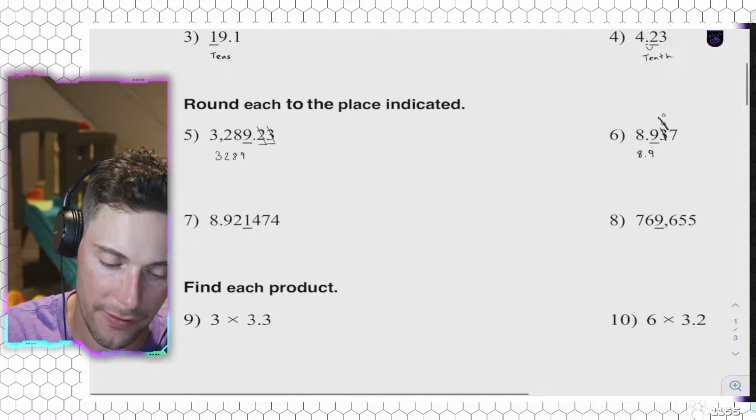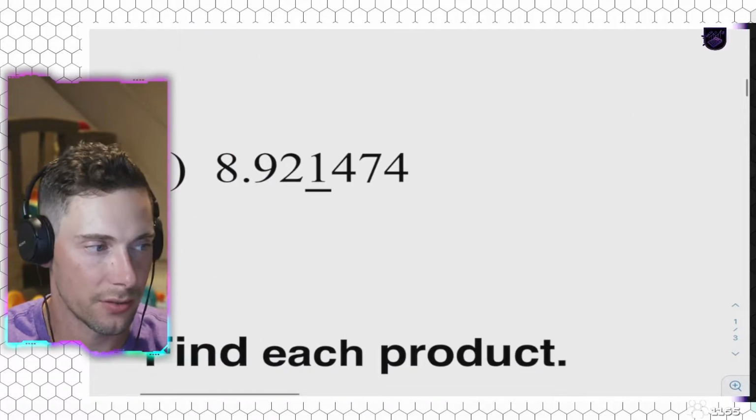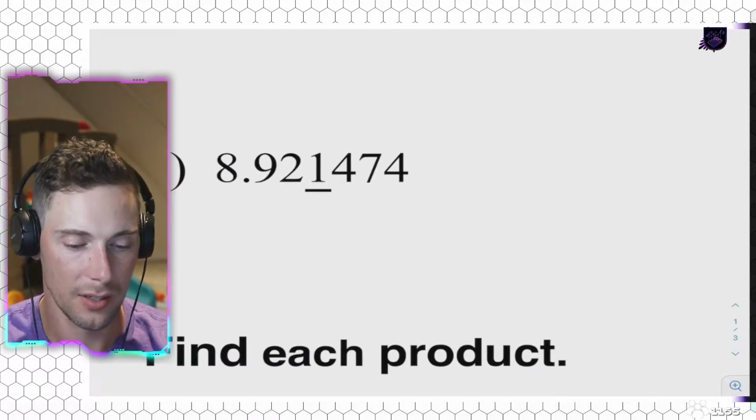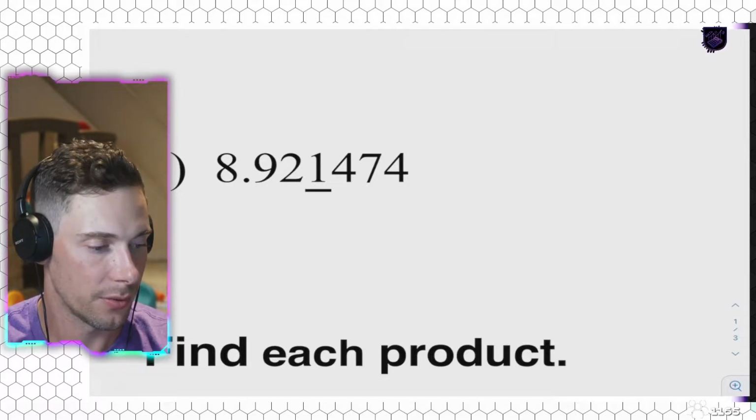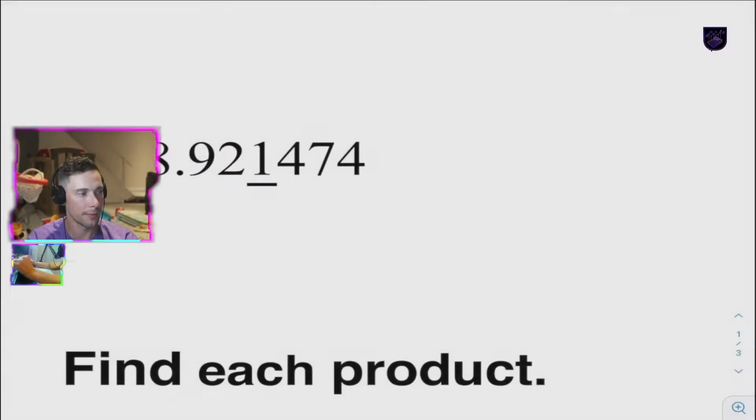Question number 7. Oh my goodness, there's so many decimals here. Let's just go over to our square cam. Oh, just get it out of the way. So for this one, we want to round to the thousandths point, and we have 1, 2, 3 spots following.